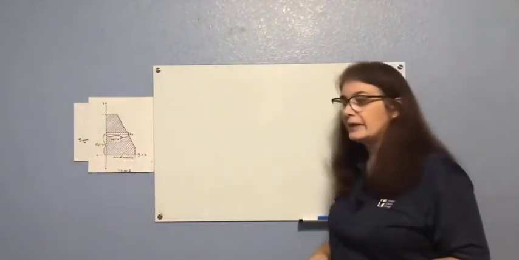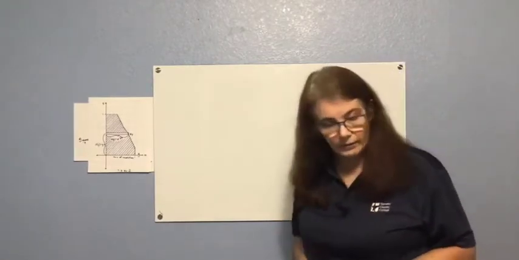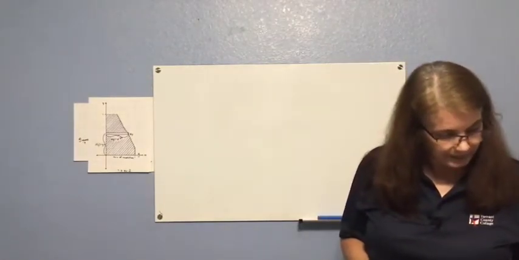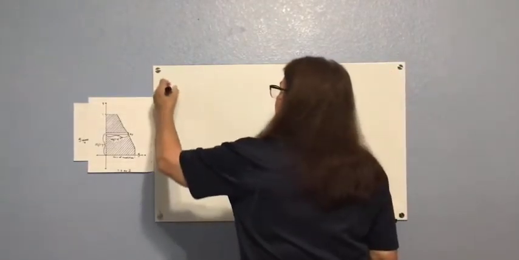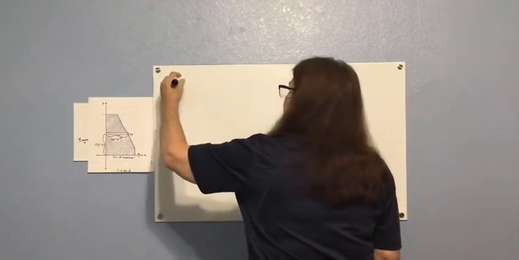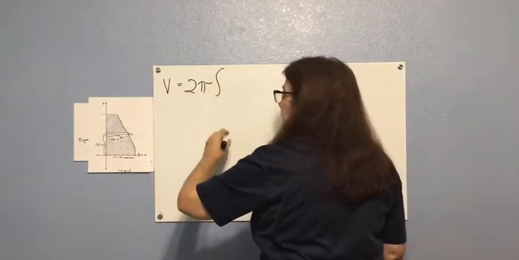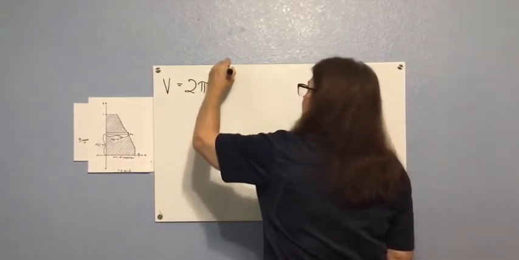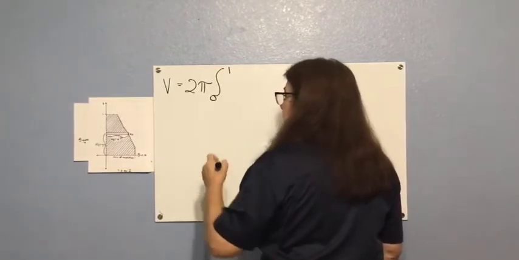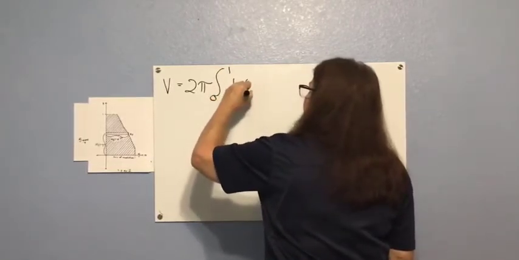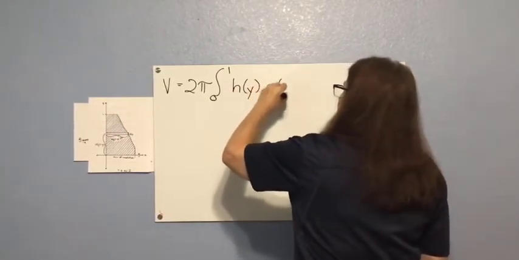Since we're rotating around the x-axis, we want to use that other form of our equation and differentiate with respect to y. So we'll start with volume equal to 2 pi times the integral from 0 to 1 of p of y times h of y dy.